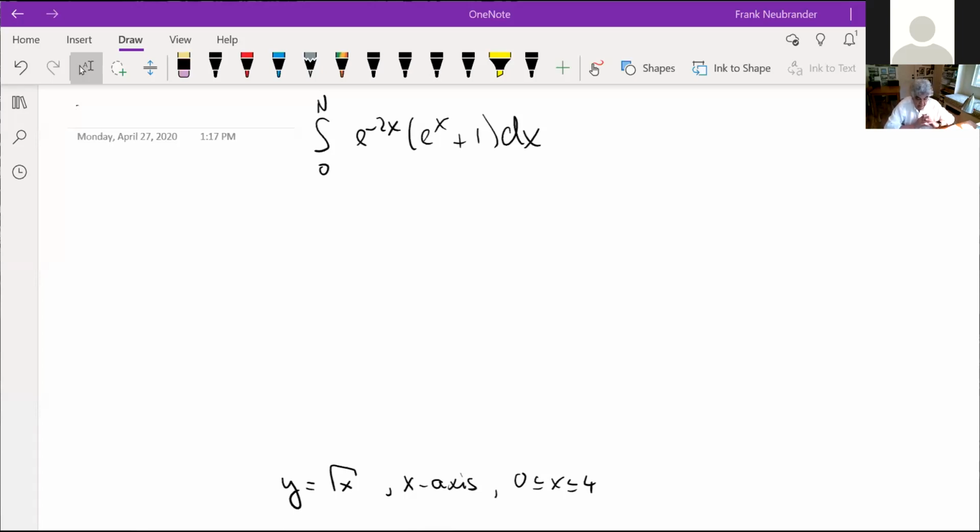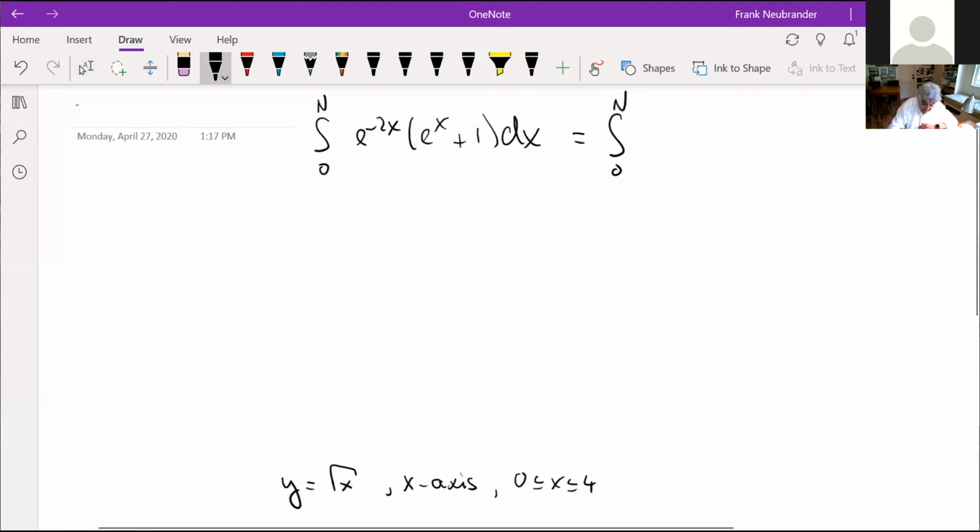So let us do this problem, and there are at least 2 ways to do it. One way would be U substitution. And the other way is, in this case, you just multiply it out. That's certainly the easier way.